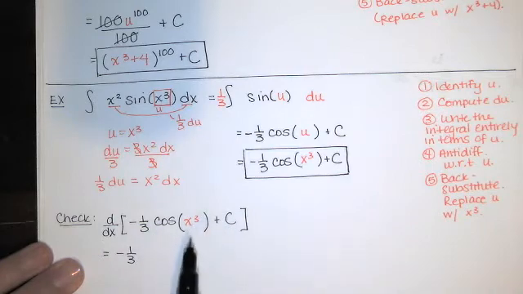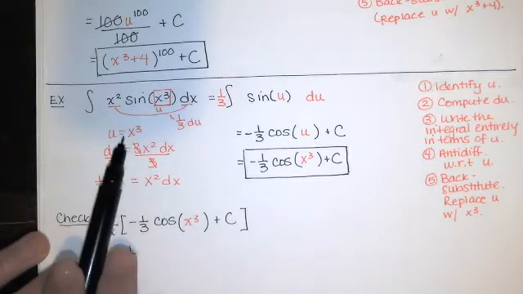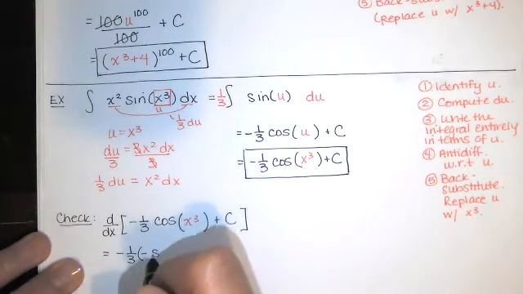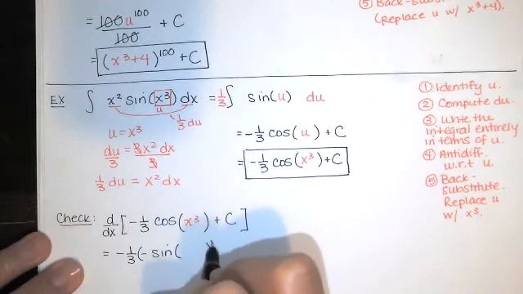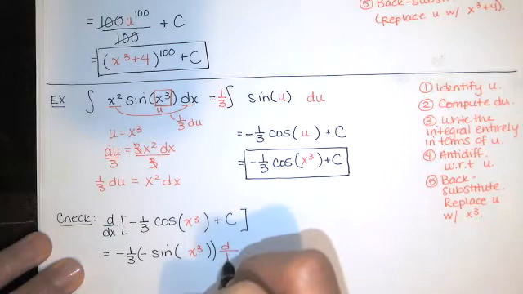That requires the chain rule. X cubed is our inside function. It's not a mistake. The inside function here is always the u when you're doing the antiderivative, so that makes sense. So I've got cosine of u. What's the derivative of cosine of a function? It's negative sine of that function times the derivative of the inside by the chain rule.